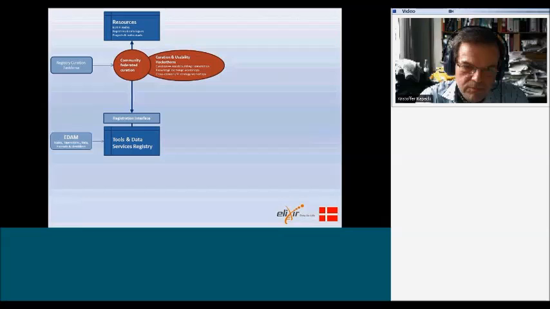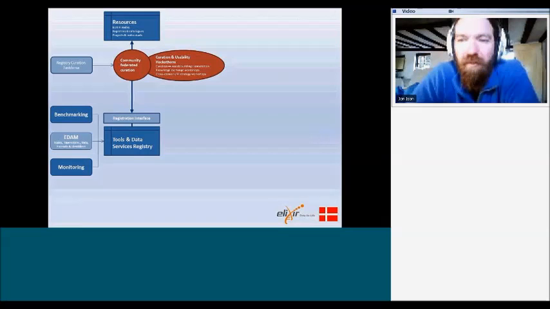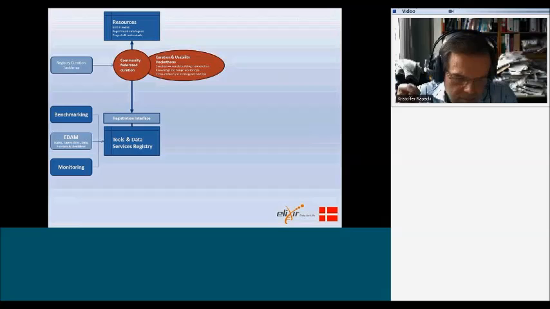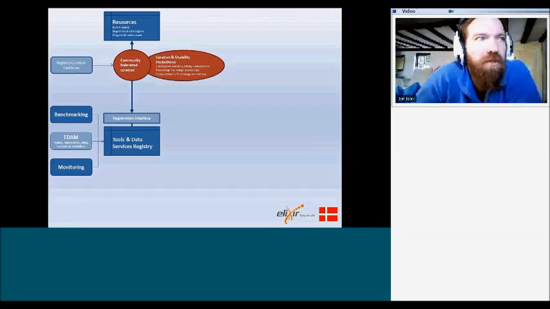So the registry isn't just about finding, it isn't just about discovery. We also plan to support monitoring and benchmarking of tools in a systematic and sustainable way. So monitoring in its most basic form is about ensuring a described service is available for use.